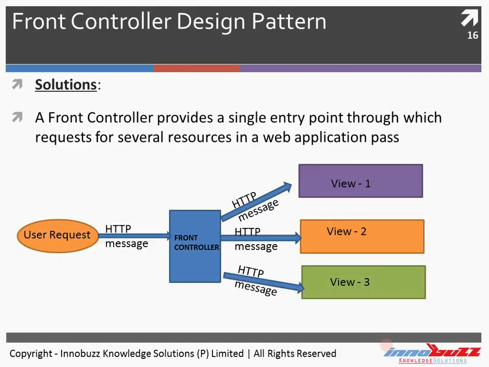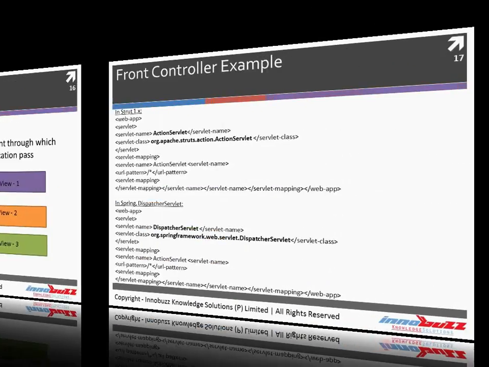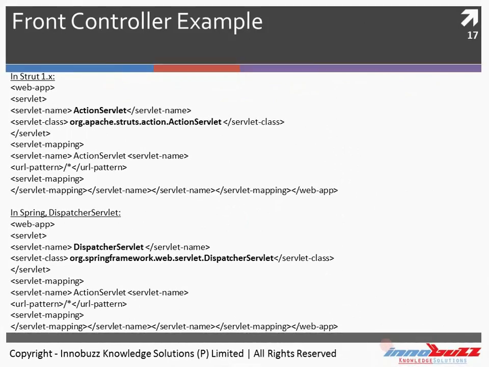These front controllers are very useful in controlling page flow and navigation, accessing and managing model data, handling business processing, accessing relevant data for GUI presentation, for example, user profile, and many more. So this is the example.